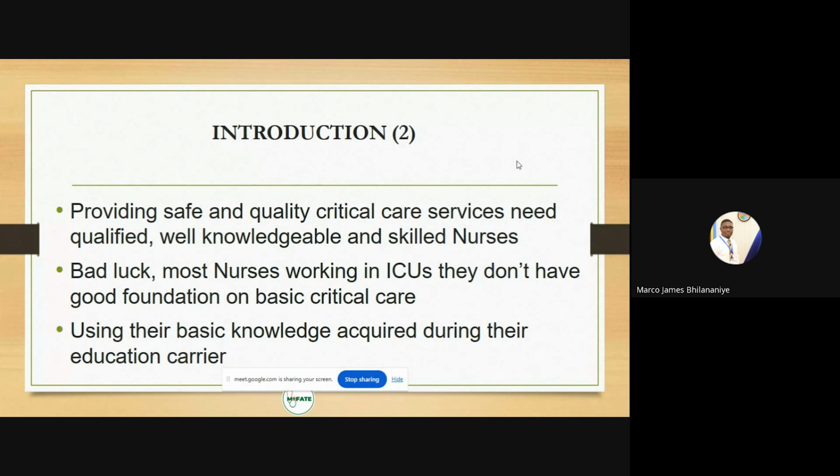They are just using the basic knowledge acquired during their education. This has been evidenced during ICU visits, as I have traveled to almost twenty ICUs in this country and saw the real situation.